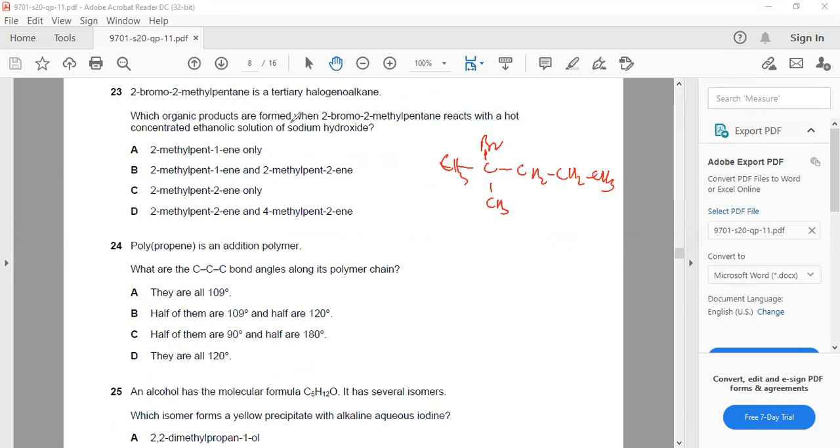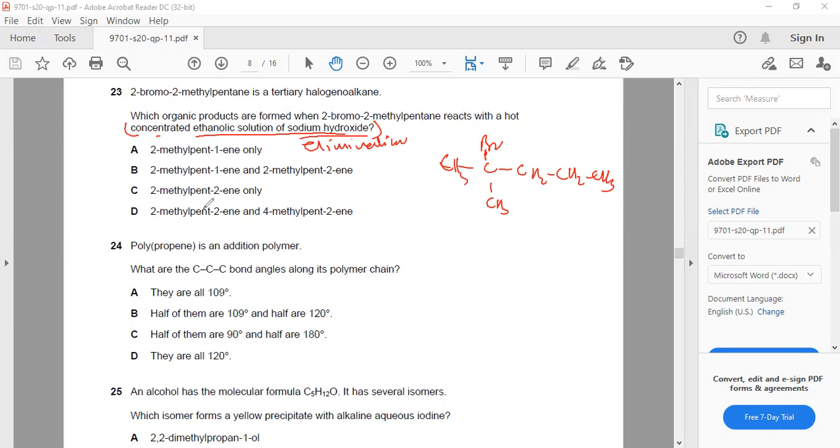Which organic product is formed when 2-bromo-2-methylpentane reacts with hot concentrated ethanolic sodium hydroxide? Which reaction is this? Elimination. This is elimination of a halogenoalkane, with ethanolic NaOH.